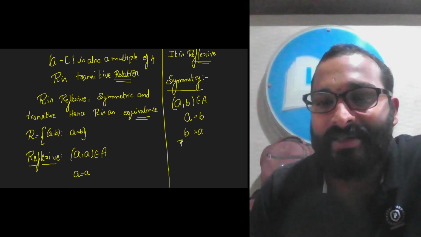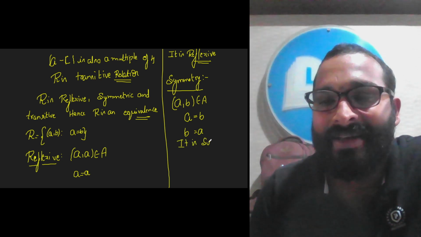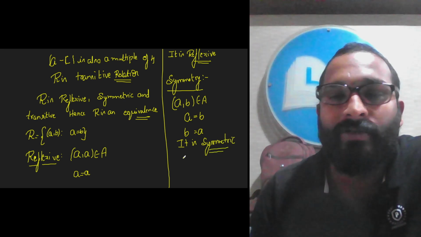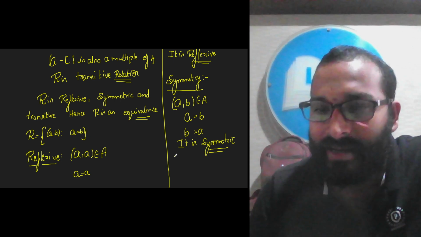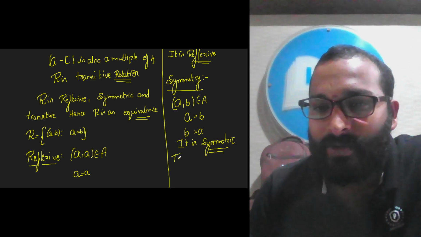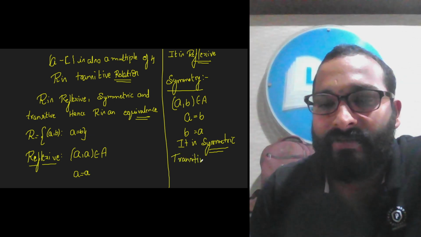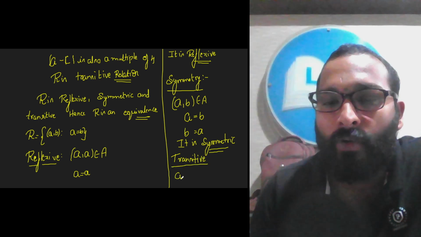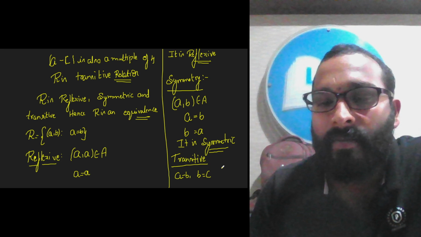Yes, that's why I told you it is very simple and easy. It is symmetric. And consider transitive. We have three elements where A is equal to B, B is equal to C, C should be equal to A, correct? So if I'm considering the transitive relation, it is transitive also. Why? What is the reason? If A equal to B and B equal to C, then C should be equal to A.